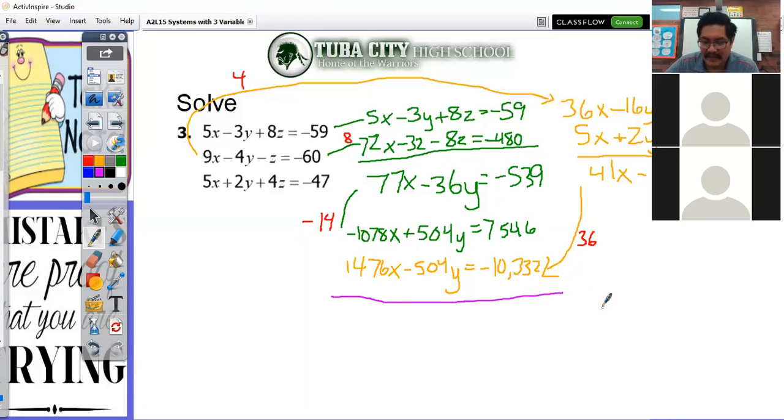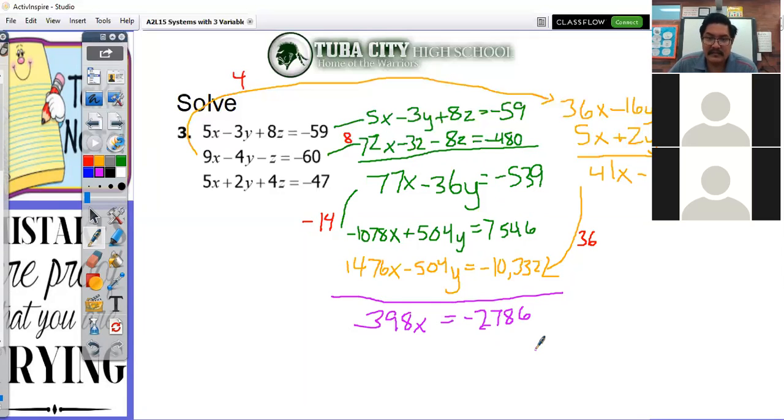Now, y cancels out, so that only leaves me with having to work with the x value and the regular number. So let's see, 1476 minus 1078. And I managed to get 398x equals, now let's go and do this one, 7546 minus 10332, and I get negative 2786.